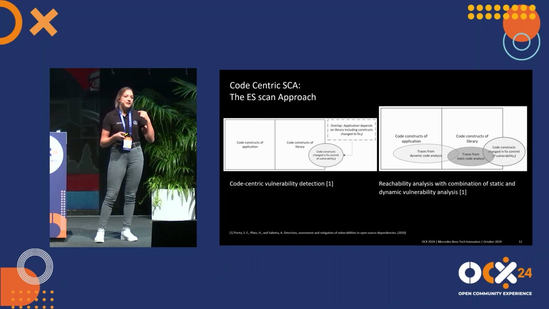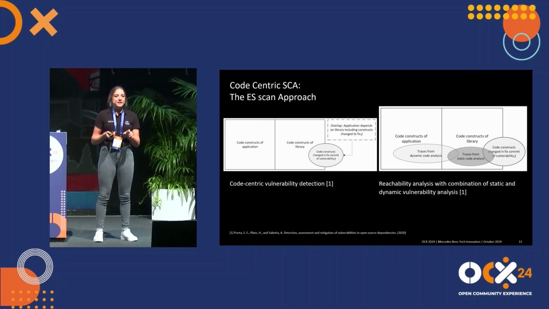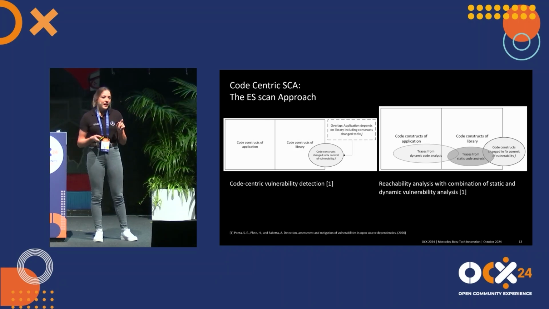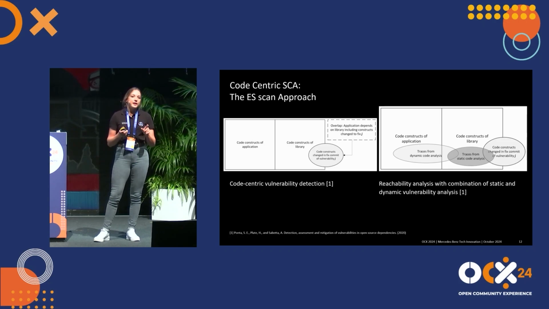In the database of Eclipse Steady, there is not vulnerability data, but rather fixed commits. So it can look up the intersection, the fixed commits that overlap with our code constructs from the library, and compares the abstract syntax tree to see if it's still the vulnerable one or the fixed one. Therefore, it can detect whether we're still using a vulnerable version or a fixed version.